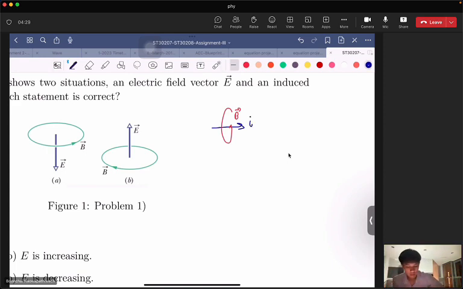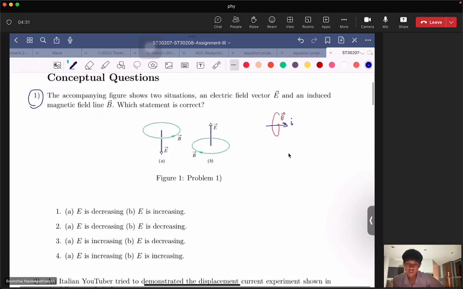So with this, you have to know the relationship between current and electric field. Actually, current is related to electric field here.